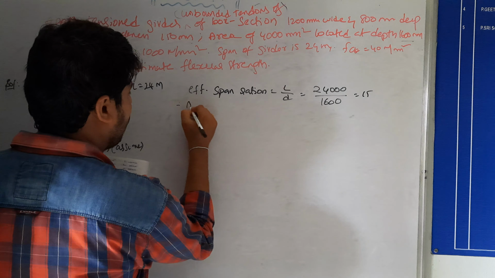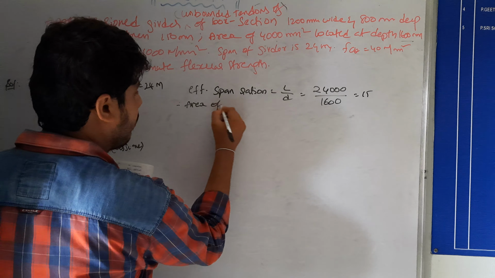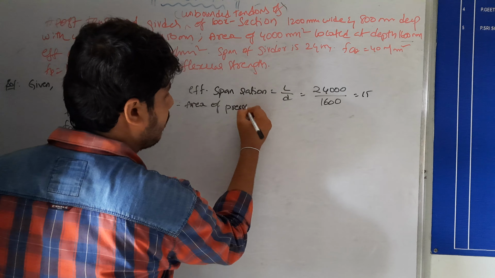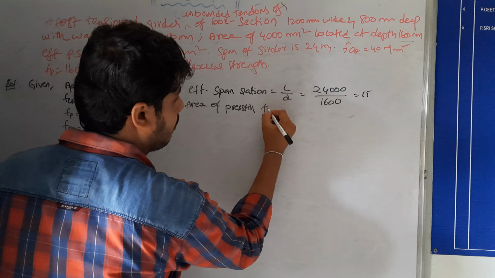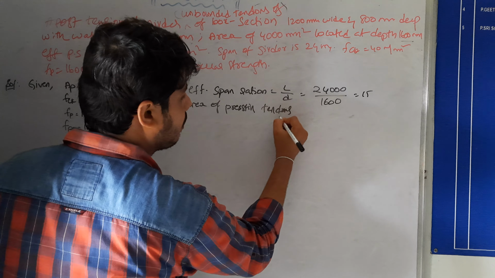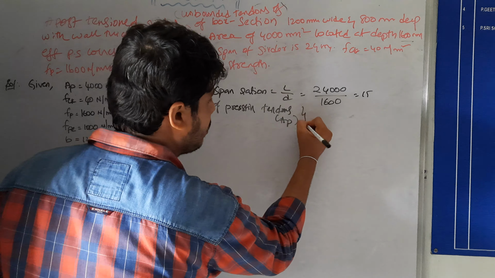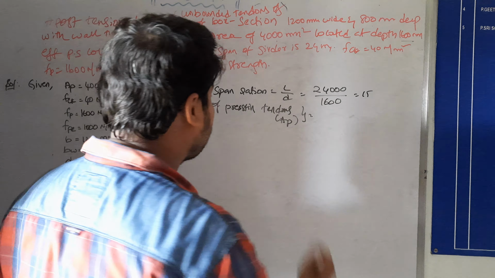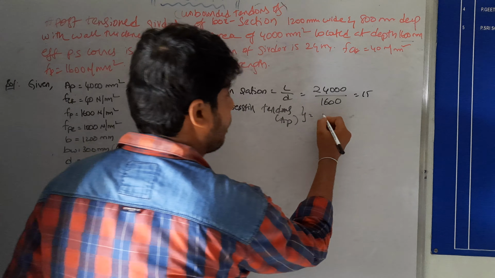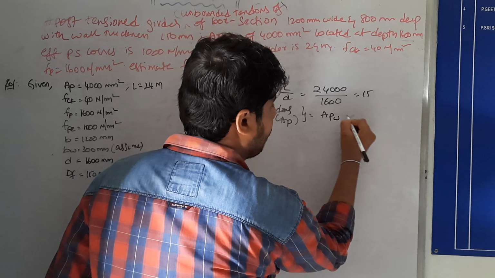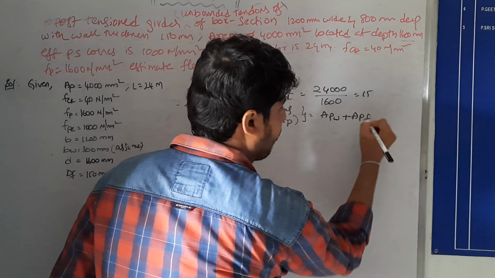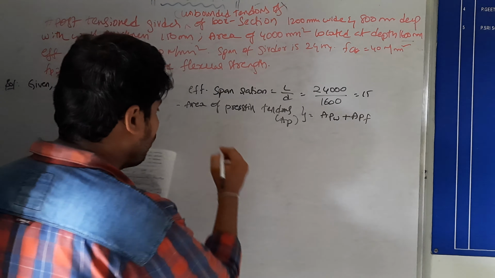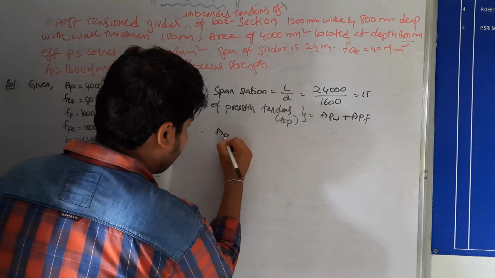Therefore, area of pre-stressing tendons AP is equal to APW plus APF. So we want to calculate APF first.